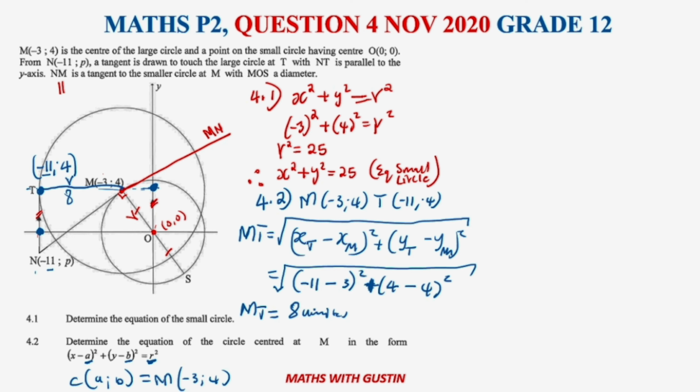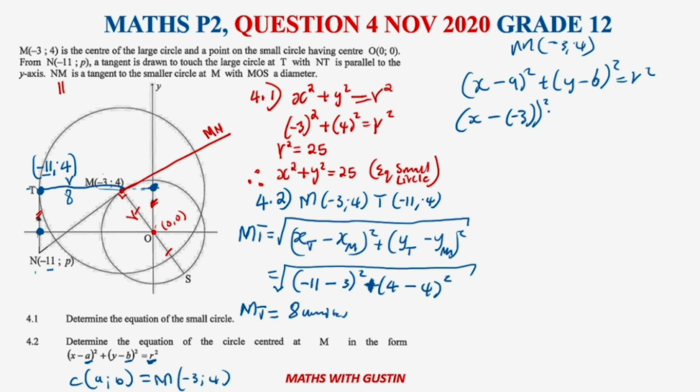So therefore the equation of the bigger circle is going to be given by, because this is our general equation, I'm just putting it here, guys, so that when I substitute, it's easy for you to follow. This is the center, remember the center is m, so this is our m here, -3, 4. So now it's going to be given by x minus into -3, which is minus into -3. Please guys, don't forget these minuses, and maybe you want to ignore them, please don't do that.